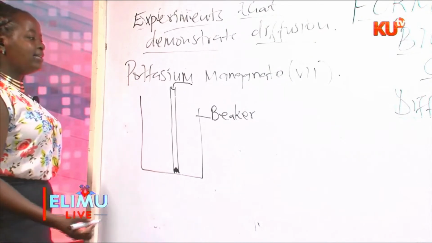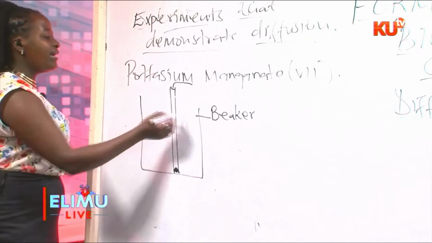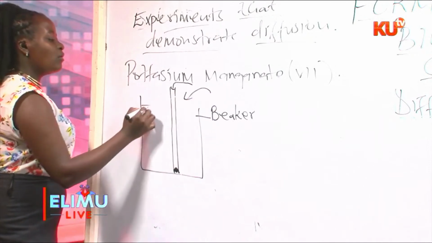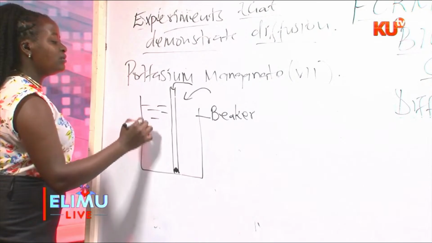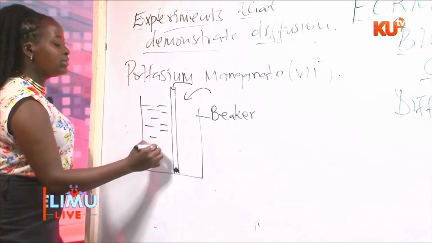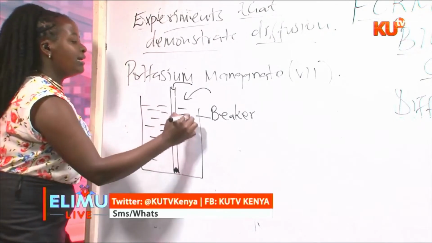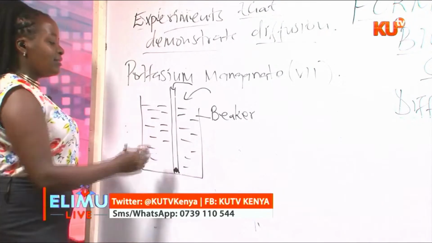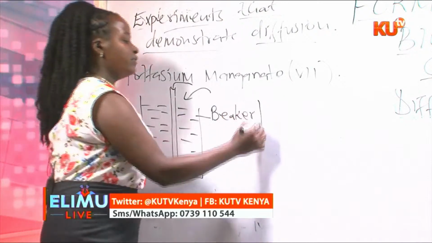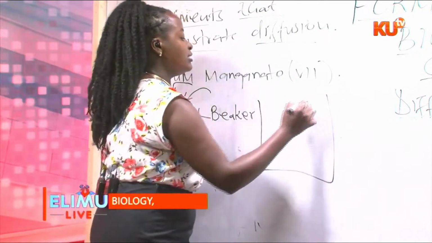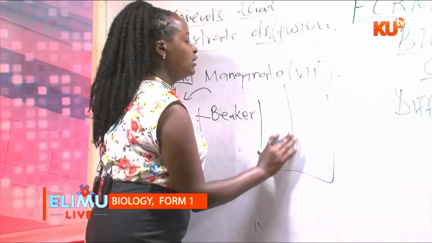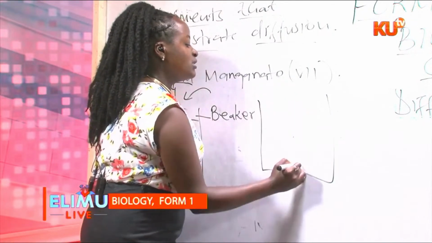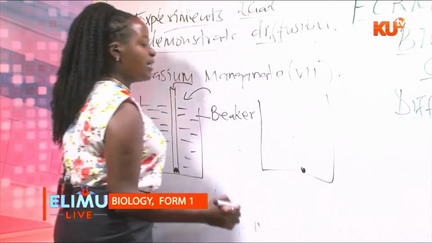After that, water will be added into the empty beaker. This is the water. Then the glass rod is removed so that the crystal remains at the base.